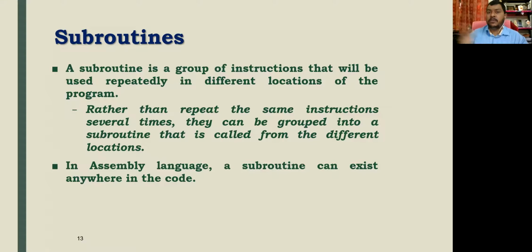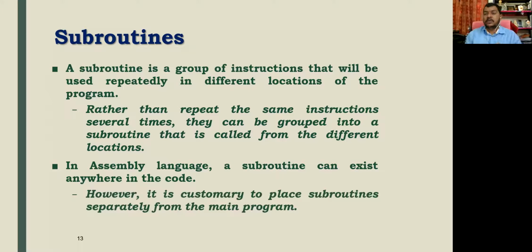In C, when we are going to study C in the next academic year, we will call that program a function. Here we are calling it a subroutine, and in C it is called a function, right? So in assembly language, a subroutine can exist anywhere in the code, right?